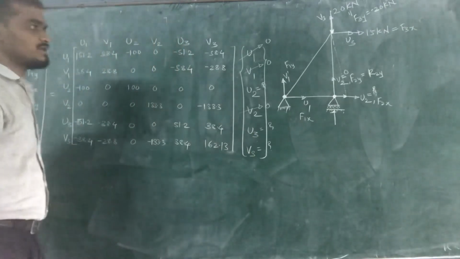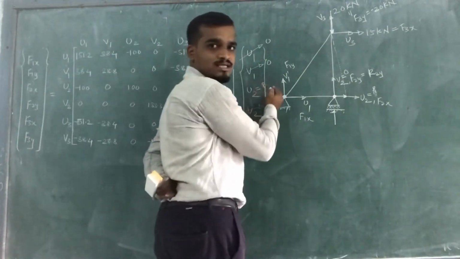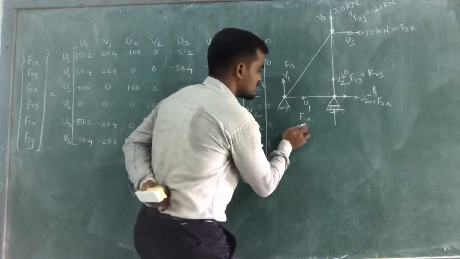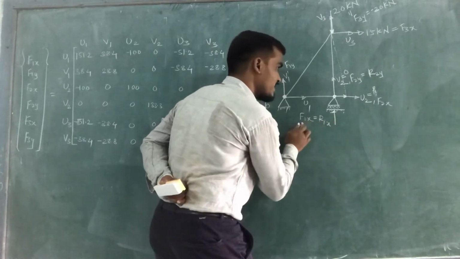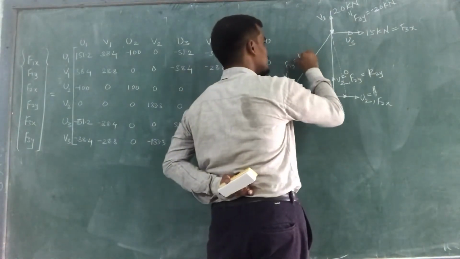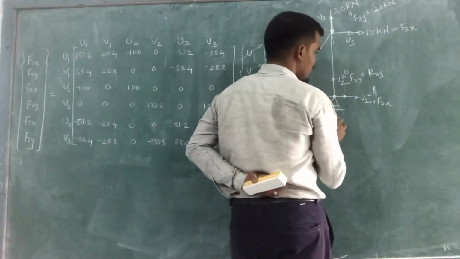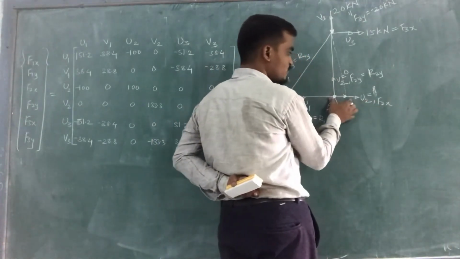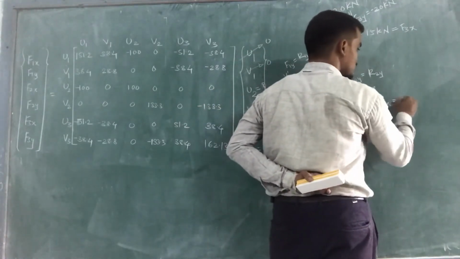Similarly, apply the boundary conditions for forces. So F1x is nothing but your R1x, the reaction. Similarly, F1y is nothing but your R1y, the reaction. Now the value of F2x is not given, so it is assumed to be 0.